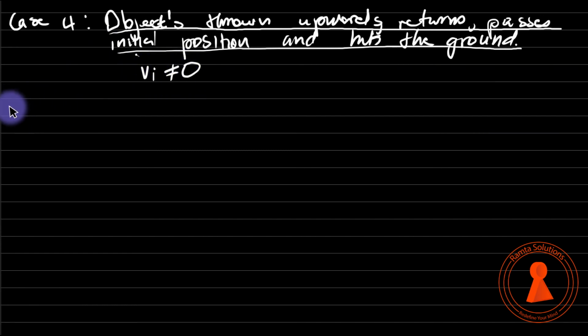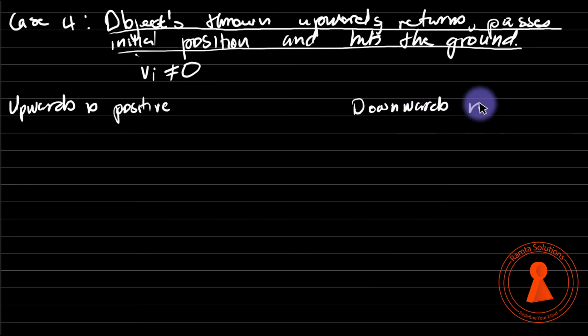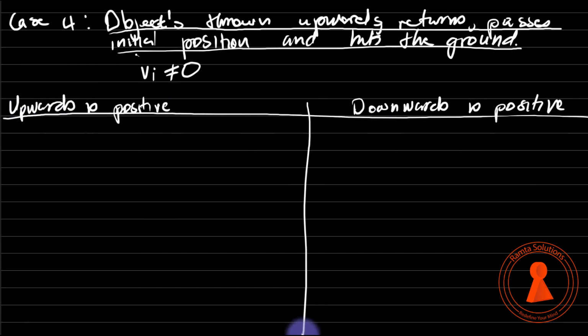So without any waste of time, upwards is positive, downwards is positive. Now we are going to look at it in this way. Upwards is positive, so obviously initial velocity will be greater than 0 because it's going up, but acceleration will always be downwards.